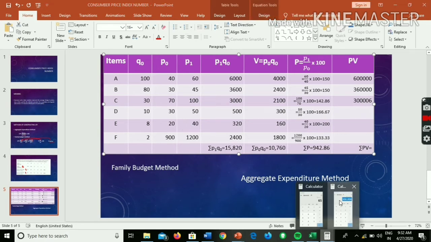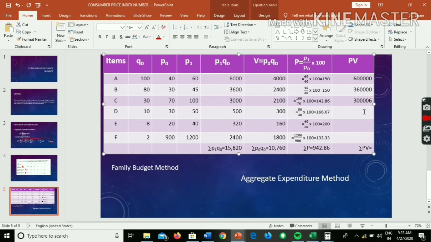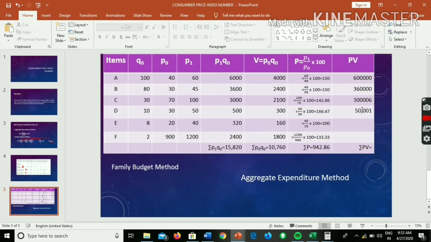Next 300 into 166.67, which gives approximately 50,000. So let's consider 50,001.